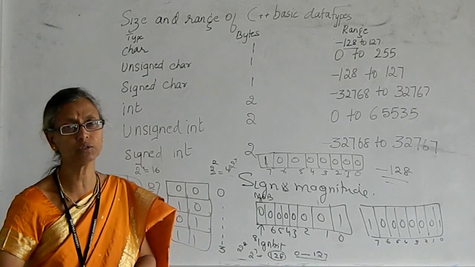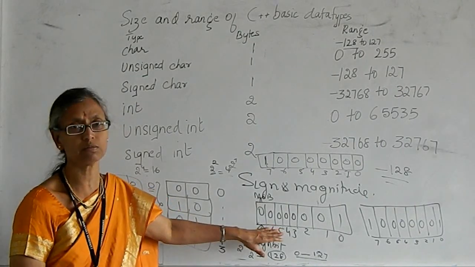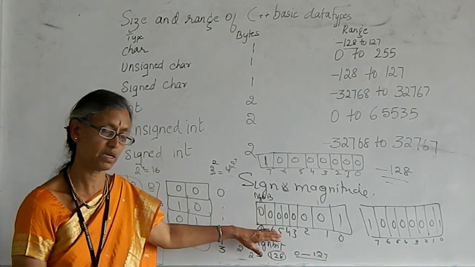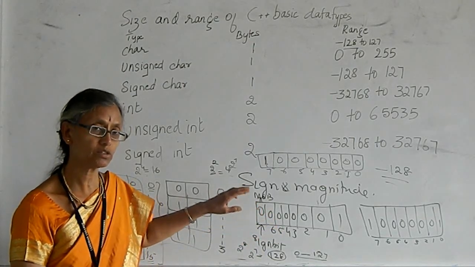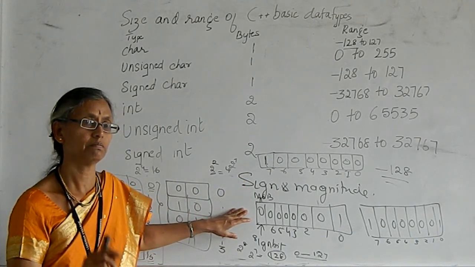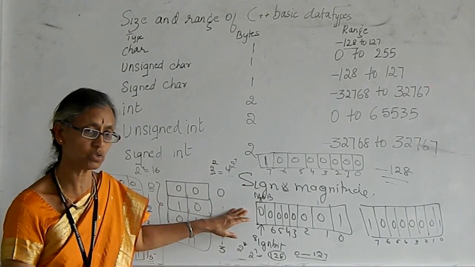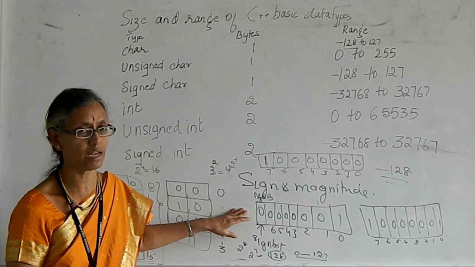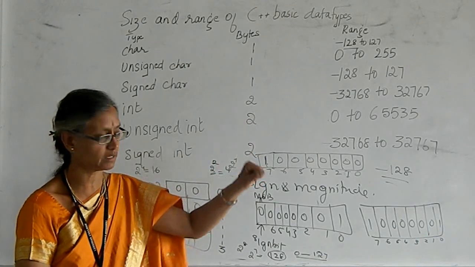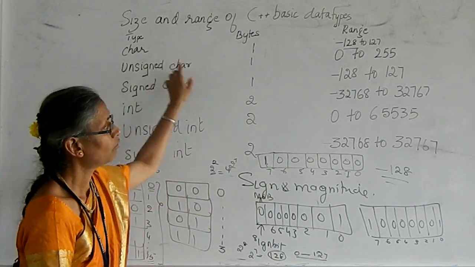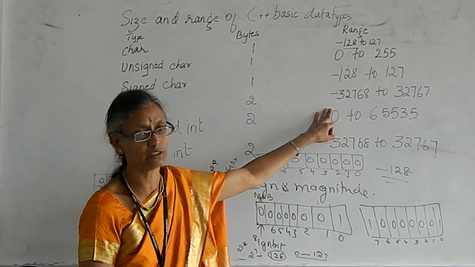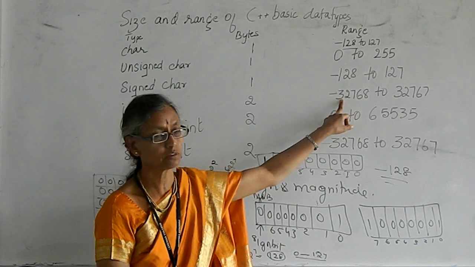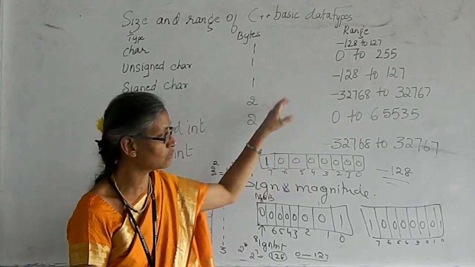So the magnitude is represented with 7 bits, and the sign bit is used to represent positive and negative. But in the case of a negative number, the sign bit is used to represent one extra value, that is -128 in the case of characters, whereas in the case of integers, the one extra value it can represent is -32,768, and so on.